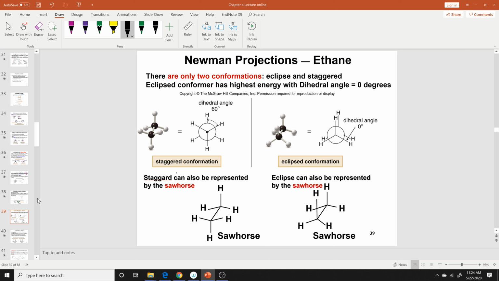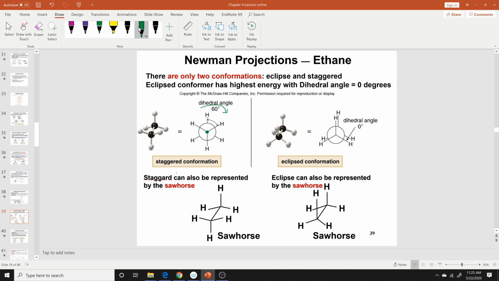The carbon in front is the one that they rotated. Rotation can be either clockwise or counterclockwise, whatever you want. Here I am going with clockwise. Remember that between the two lines, this is 60 degrees. So you're going 60 degrees, 60, 60, 60, 60, and 60. This is a full rotation.